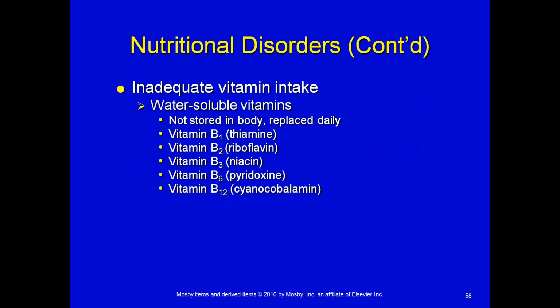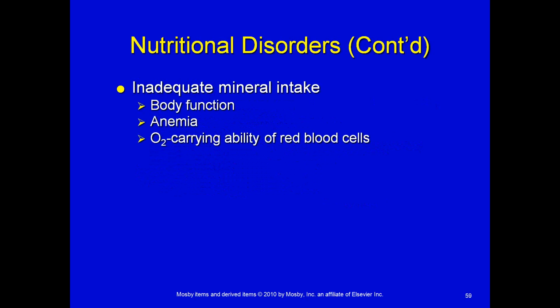And the B vitamins are very important to overall nerve health and muscle function, those sort of things. So it's important that we get an adequate amount of these, and if we don't, taking that multivitamin with all these Bs certainly is helpful.